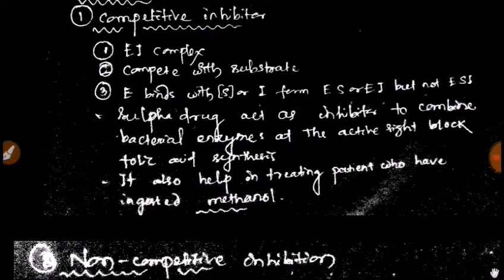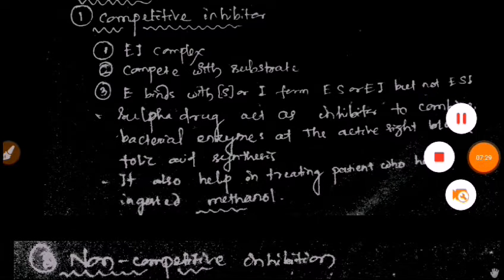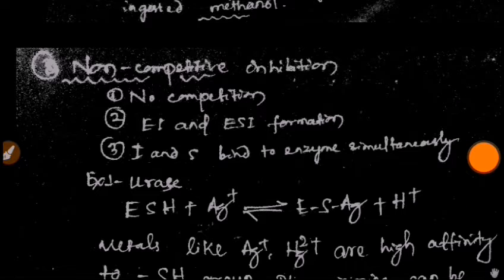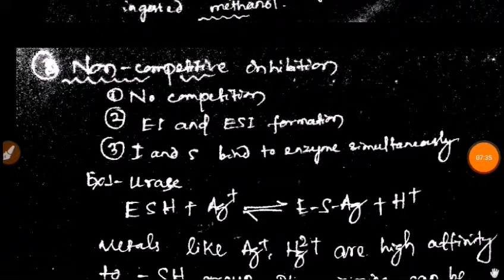There is an example: urease enzyme. What will be its action? ESH plus Ag+ gives ESAg plus H+, because metals like Ag+ and Hg2+ have high affinity to the SH group.